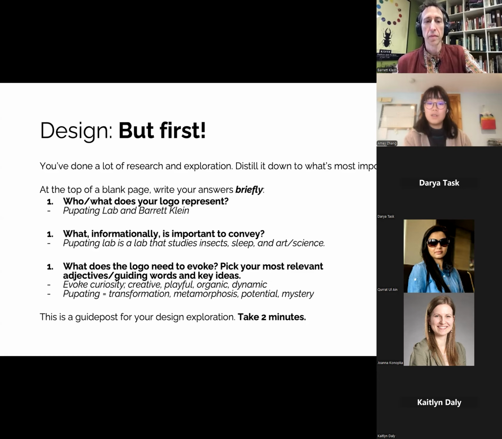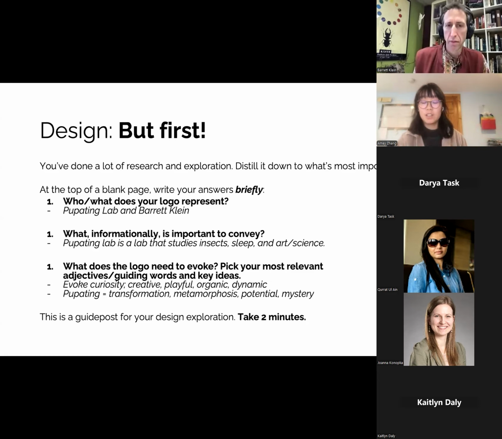And what does the logo need to evoke? So here you can list some adjectives or guiding words and key ideas. Try to keep it brief. If you've generated a long list, try to circle the ones that you feel are most important. So for Barrett's lab, I'm thinking about evoking curiosity. I want the logo to be creative, playful, organic, and dynamic. And I'm bringing in the key idea of pupating, which is in the name of the lab.